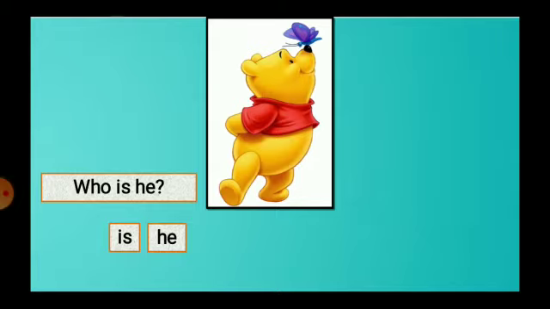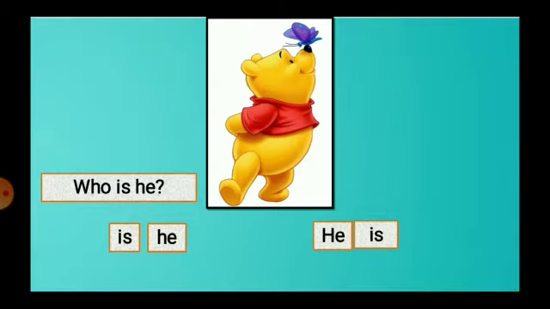Is and he. Now you tell me, when you are answering anybody, when you are saying something, do you say is he or you say he is? You say he is, right? So, let us change the sequence and we say he is. Now, we have to add the answer word to it. What is the answer?